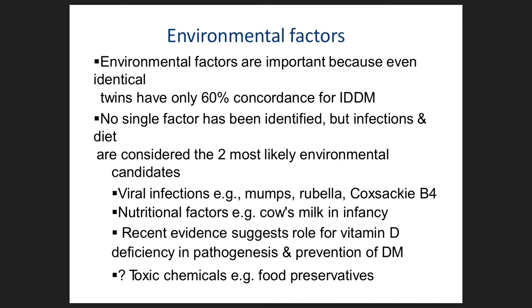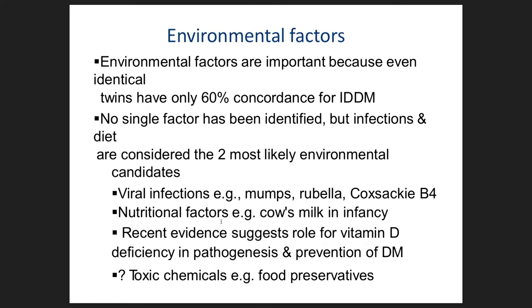But viral infection in a normal person without genetic susceptibility will never, by the will of God, give type 1 diabetes. But viral infection in those with genetic susceptibility will develop, by the decree of God, type 1 diabetes. So environmental factors are important only for those who have genetic susceptibility to develop type 1 diabetes.